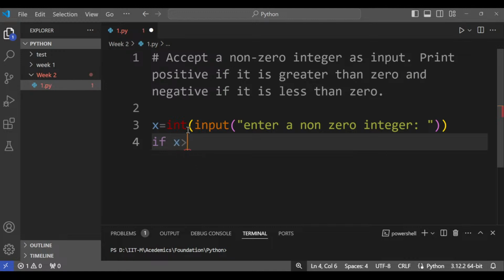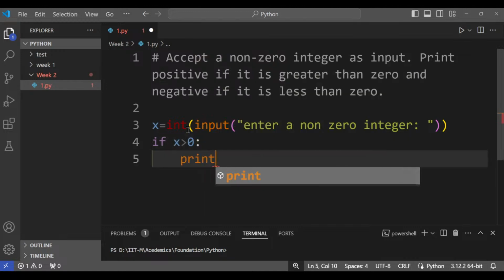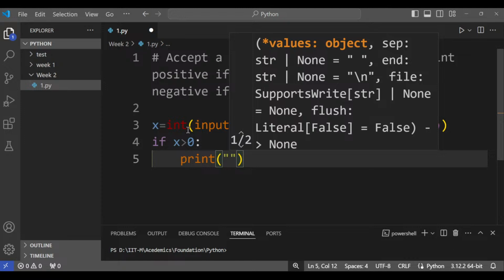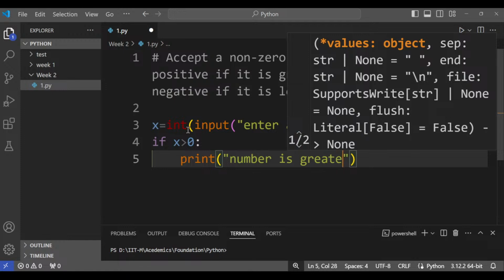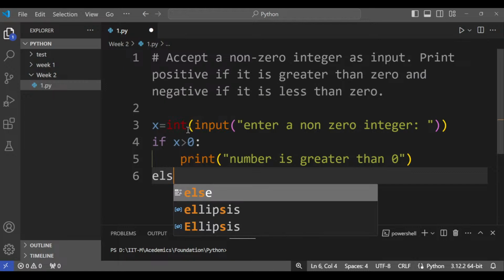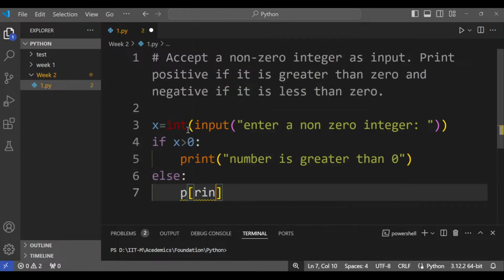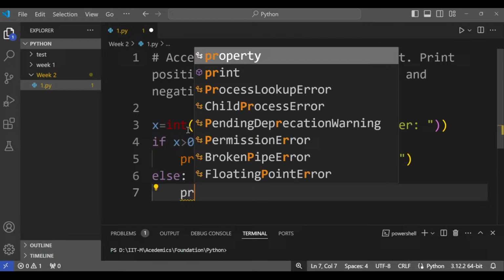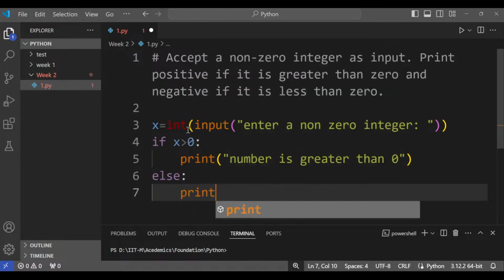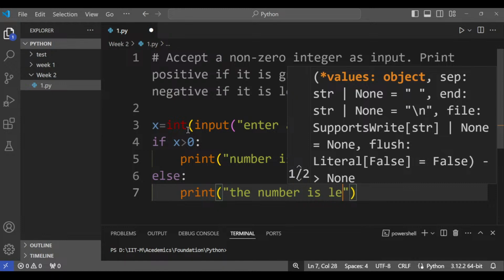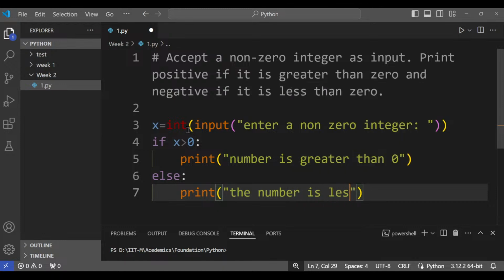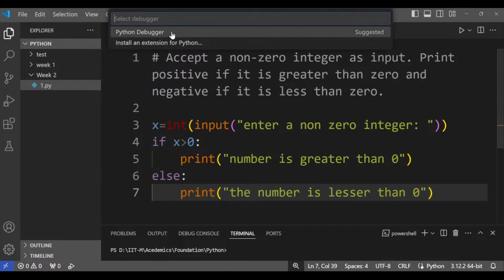If x greater than 0, we print the number is greater than 0, else print the number is lesser than 0. This thing should work.